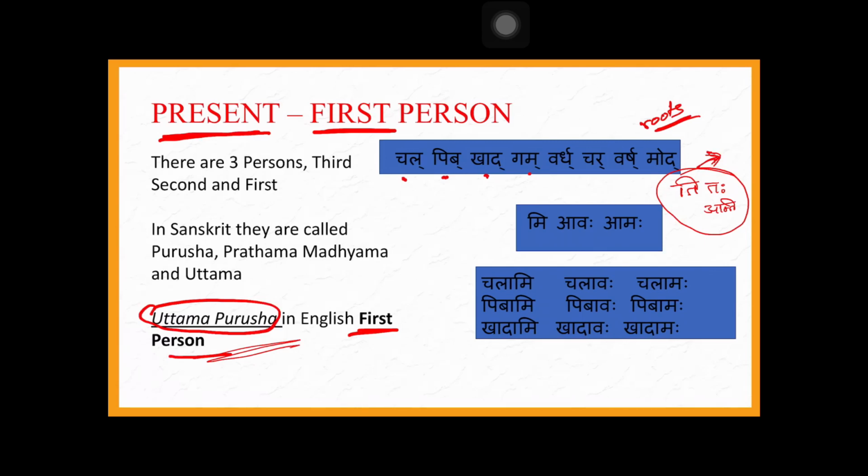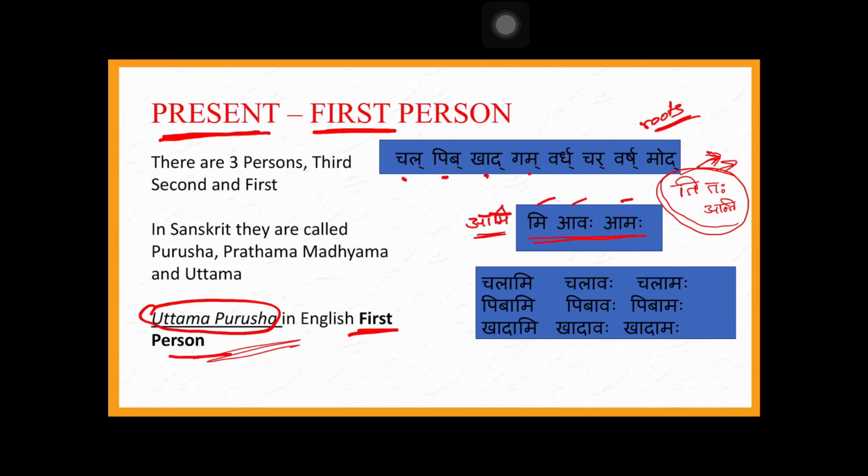Because with these suffixes I can get only prathama purusha or third person's verb, but I cannot generate uttama purusha or first person's verb with the same suffixes. That's the reason some other suffixes will come over there. They are mi, avaha, amaha. Mi or ami. Ami also you can take instead of only mi. You can write ami also.